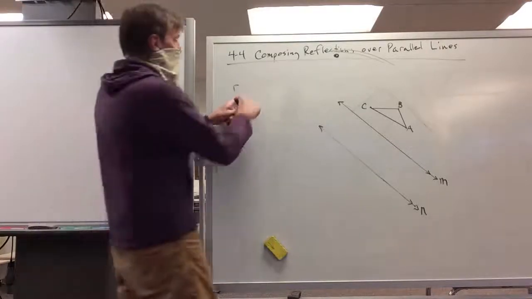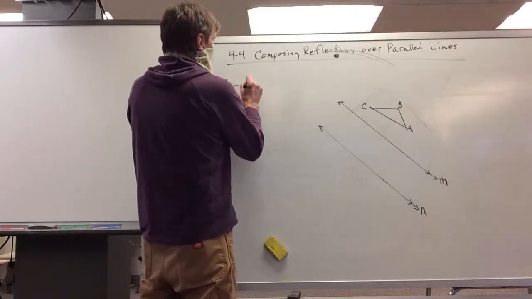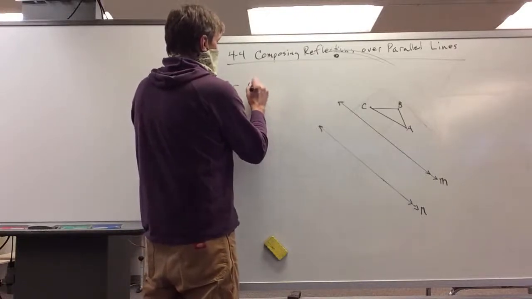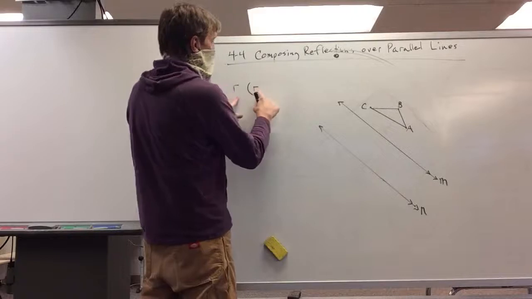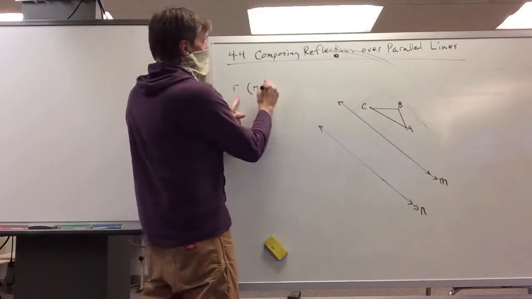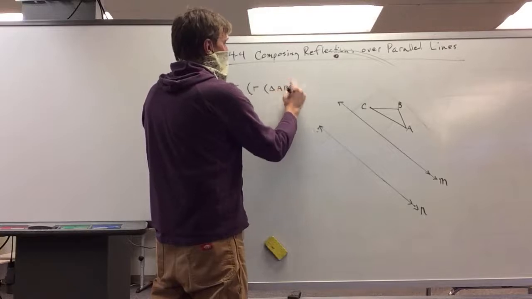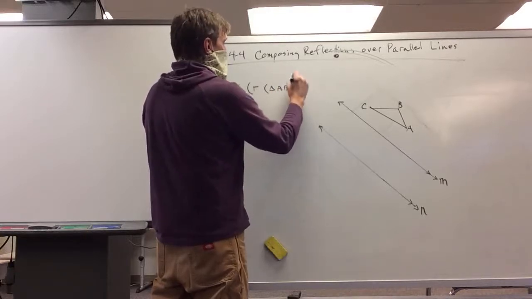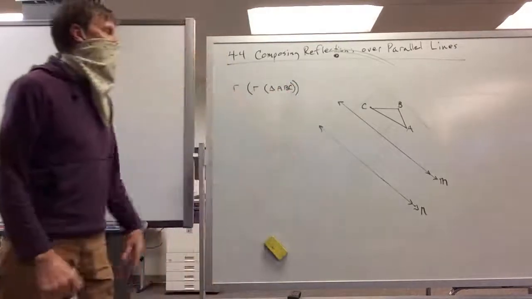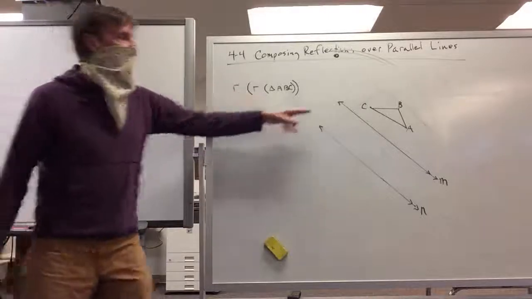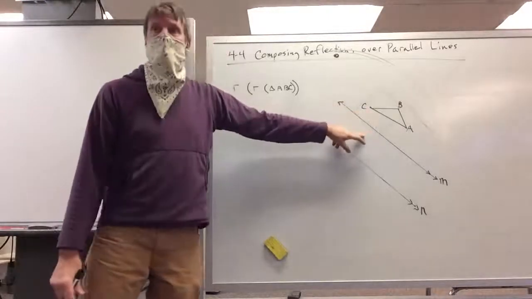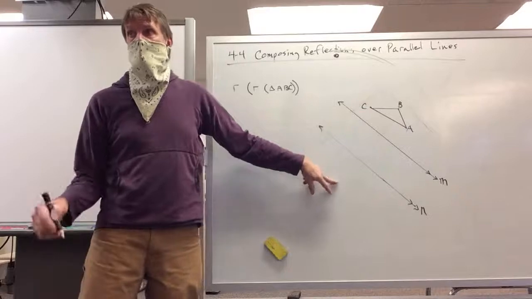So it's got a reflection over a line, and then it's gonna be a reflection over a different line of the triangle ABC. So which line do I list first if I'm gonna go over M first and then N?